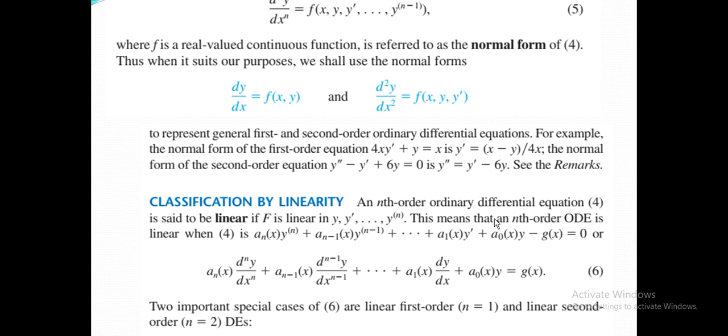An nth order ordinary differential equation is said to be linear if it is linear in y, y′, up to y^(n). This means that an nth order equation is linear when it has the form a_n(x)y^(n) + a_(n−1)(x)y^(n−1) + ... + a_0(x)y = g(x), or a_n(x) d^n y/dx^n + a_(n−1)(x) d^(n−1)y/dx^(n−1) + ... + a_0(x)y = g(x).